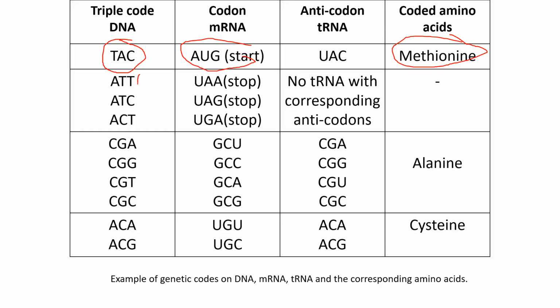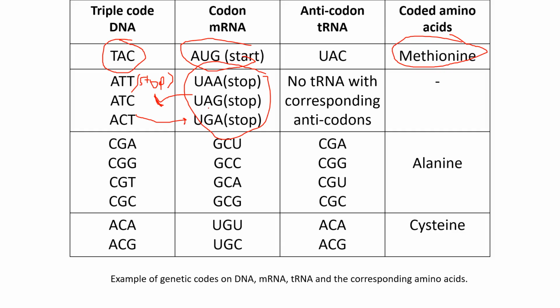So here you should write stop as well. S, T, O, P, right? And then here are all stop because it corresponds with, is complementary to this, right? ACT, you get UGA, right?